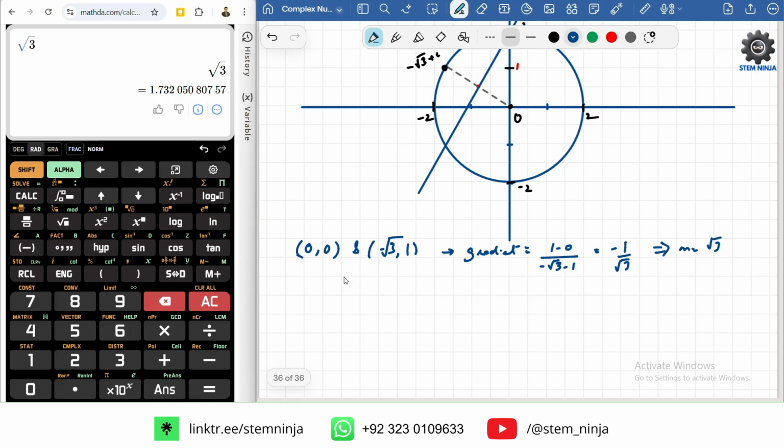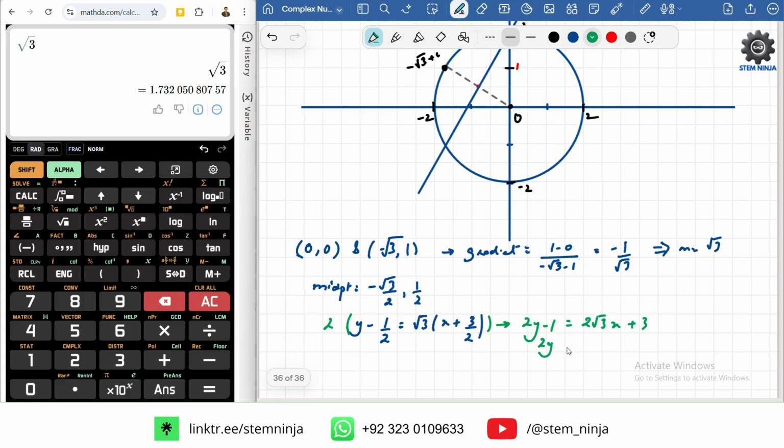And the midpoint would be minus root 3 over 2 and 1 over 2, right? So if you do y minus 1 over 2 equals root 3 times x plus root 3 over 2, and you multiply both sides by 2 very quickly, this would be 2y minus 1 equals 2 root 3 x and then plus 3.